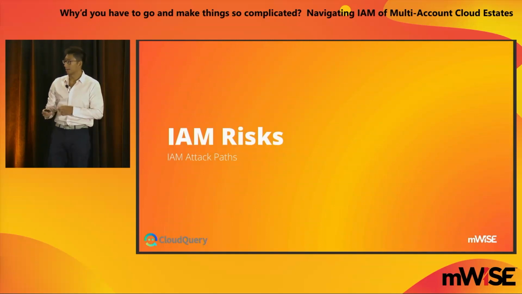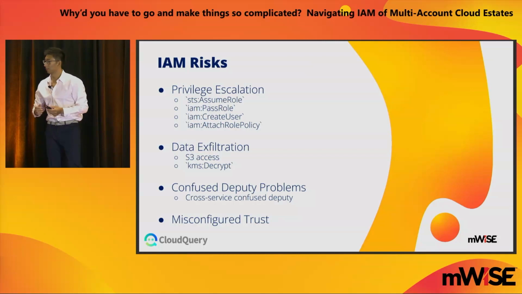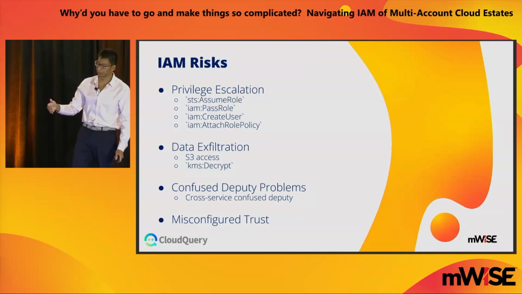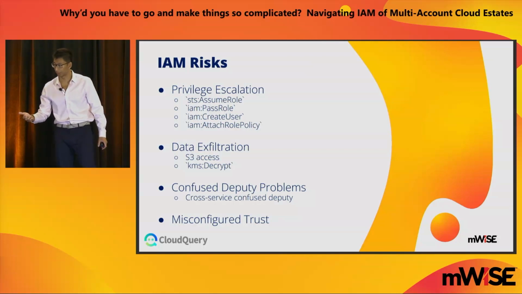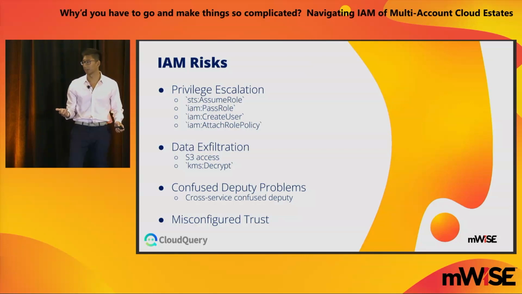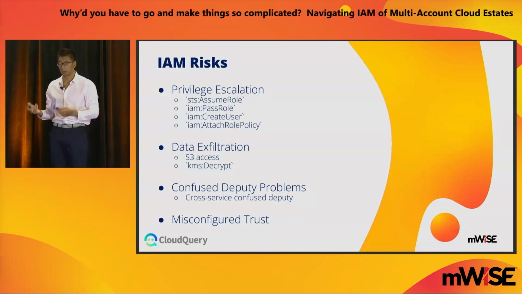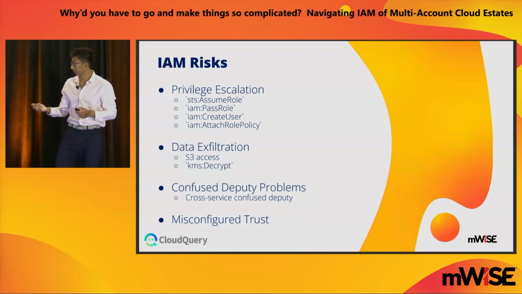So now let's talk about IAM risks and IAM attack paths. We're going to start with single account risks, and some of these you may be familiar with, so I won't spend too much time on this page. But we'll have attacks such as privilege escalation, the common ones such as IAM CreateUser that allows us to create an IAM user that possibly has access keys, creating access keys is a different command, AttachRolePolicy, which allows us to attach a policy to a role that may grant it permissions itself, IAM PassRole, which is another, there's a lot of research on IAM PassRole actually, that shows how this can be used to allow services to use a role, such as Lambda.